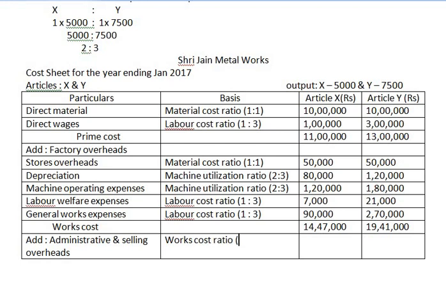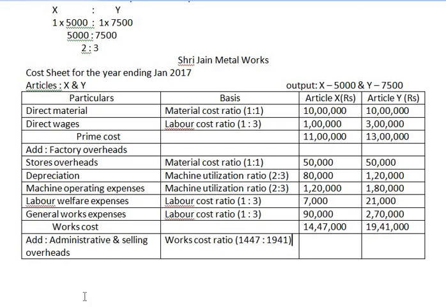Here the ratio will be, you cannot simplify this huge amount, so directly 1447 is to 1941. Just zeros will get cancelled, the rest of the figure will remain as it is. So if no suitable ratio is available for administrative overheads, you take works cost ratio.